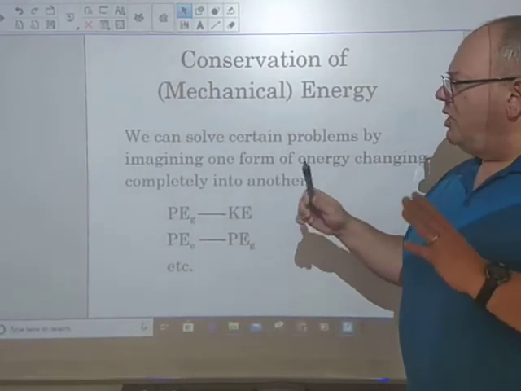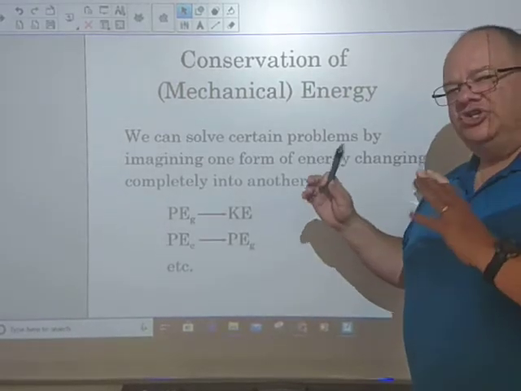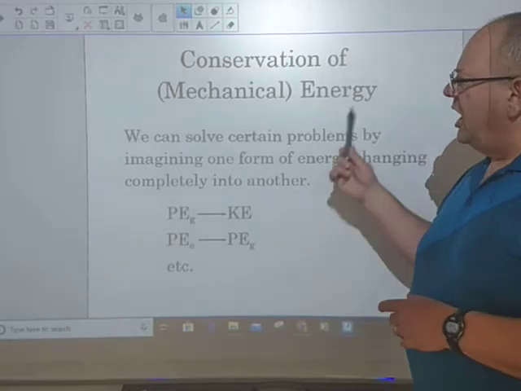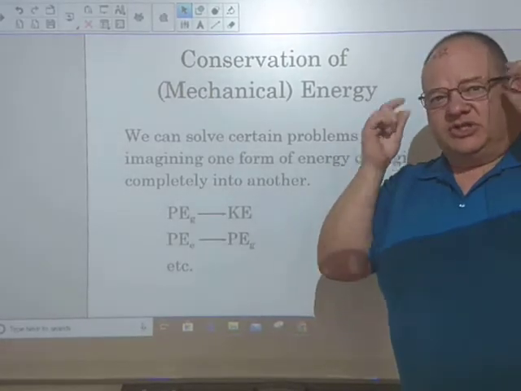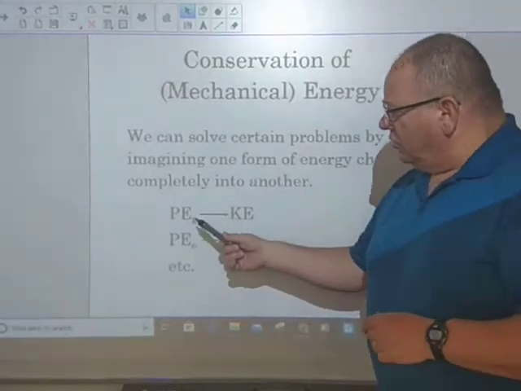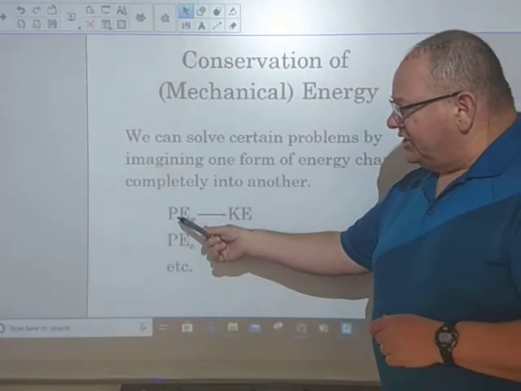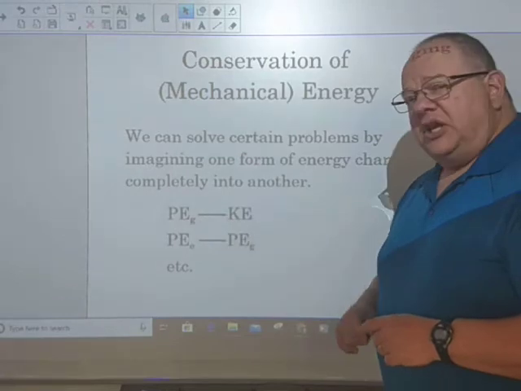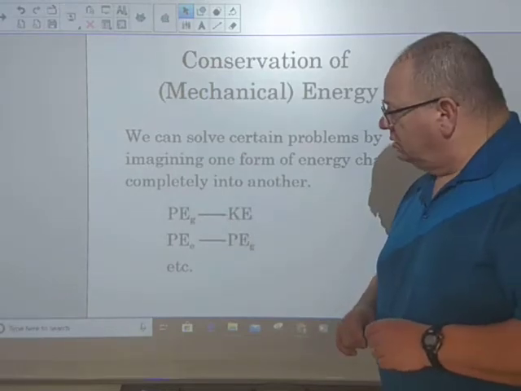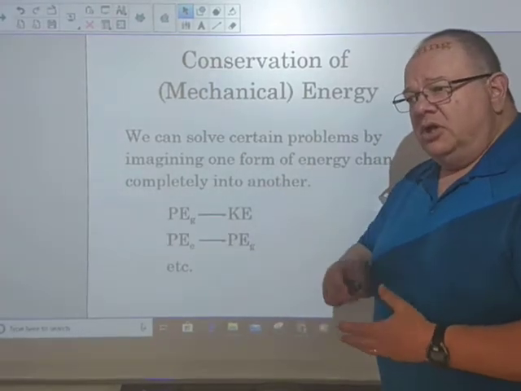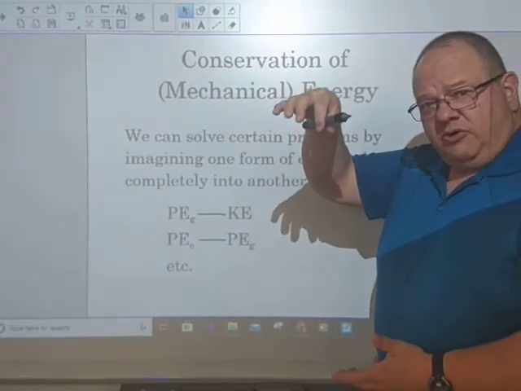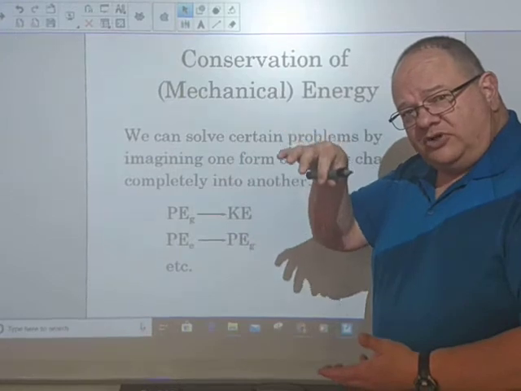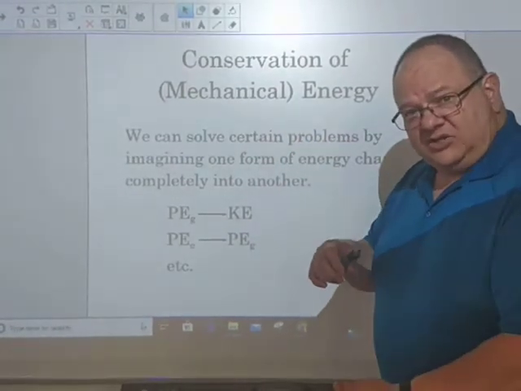So what we're going to do is imagine changing these forms of energy from one to another, sticking with the ones we were talking about yesterday. For example, we could change gravitational potential energy into kinetic energy. I could drop an object, and it starts out with gravitational potential energy, and as it's falling, its gravitational potential energy is getting less because its height is going down.